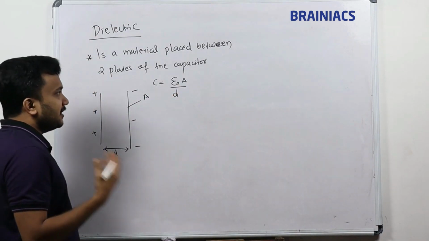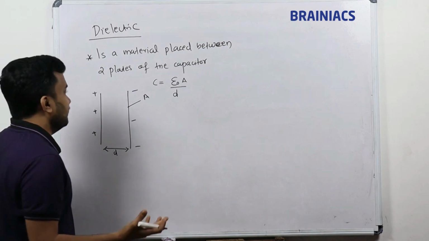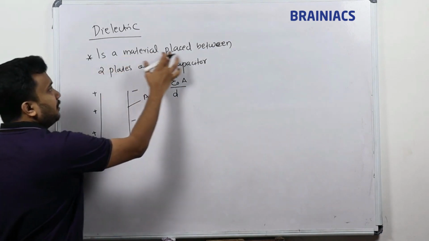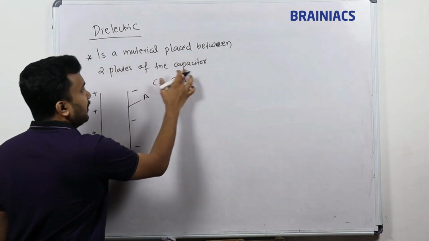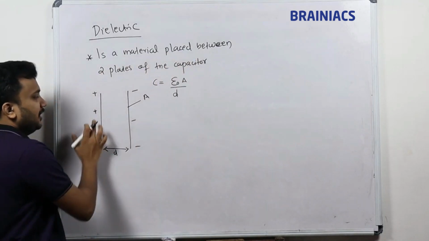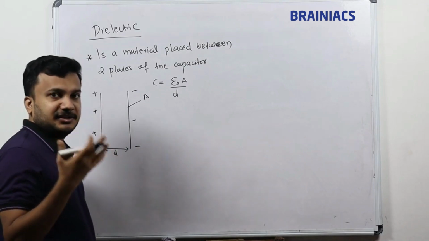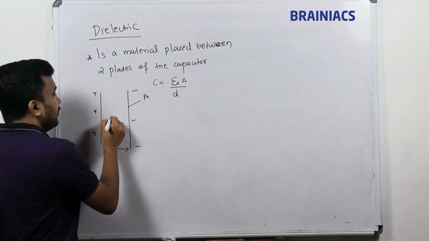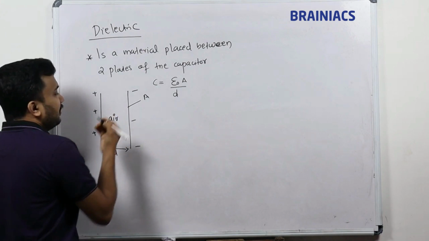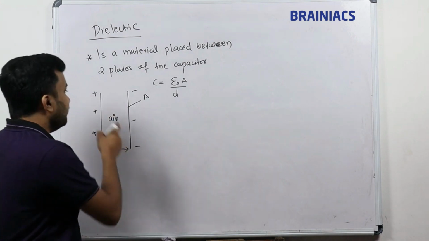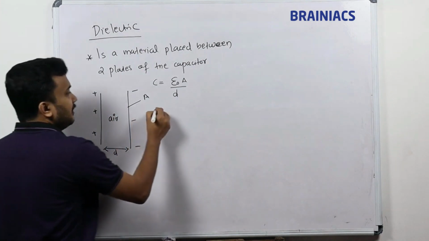Here, if I ask you what the dielectric is, as I defined before, it is a material placed between two plates of the capacitor. These are two plates, plate 1 and plate 2. What is the material placed here? I have not placed any specific material. What is already available will be here, our normal air medium. In this case air is the dielectric.